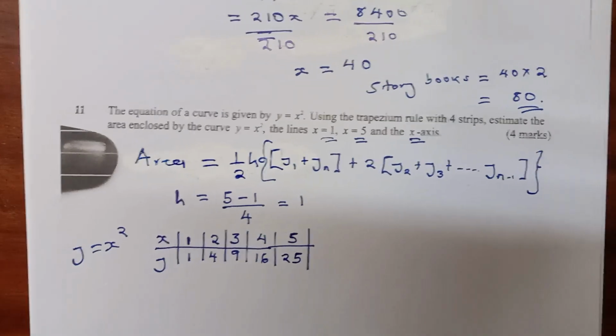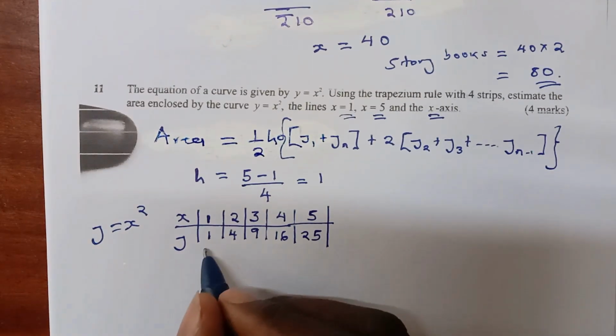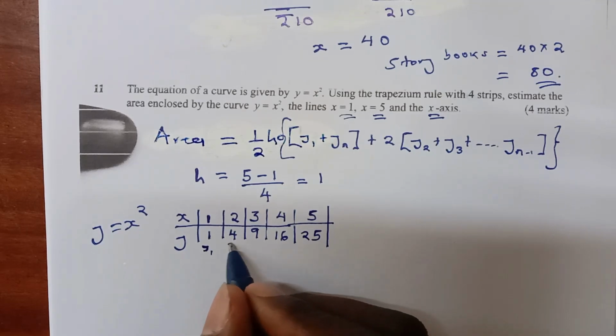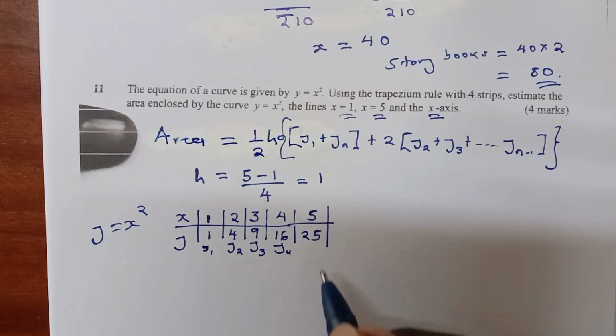So inserting all this information in our trapezoidal rule, because we know that this is now y1, this is y2, y3, y4, then y5.